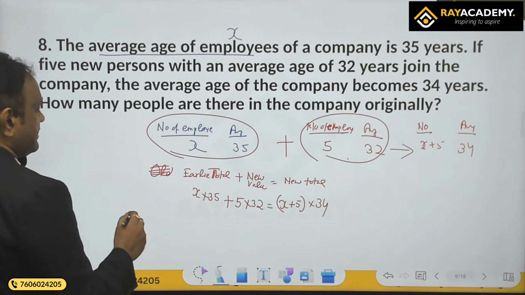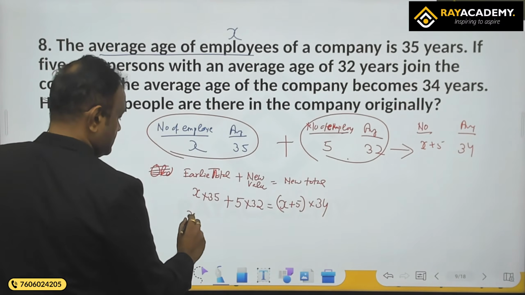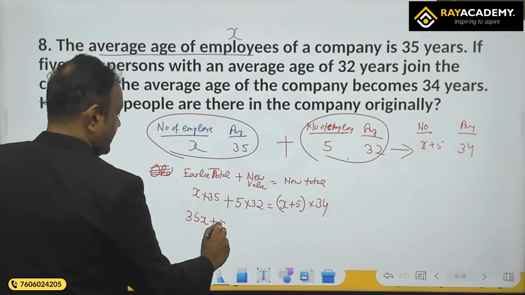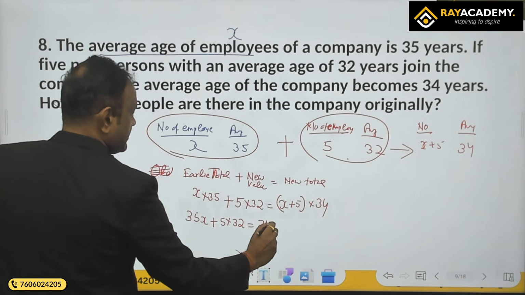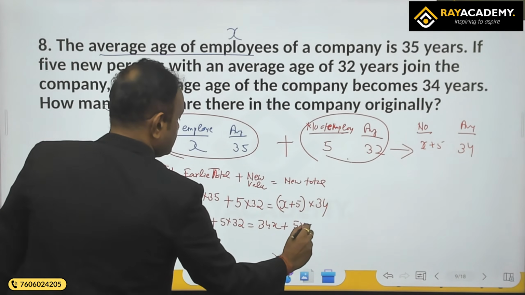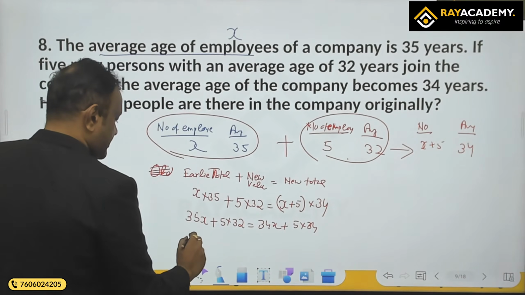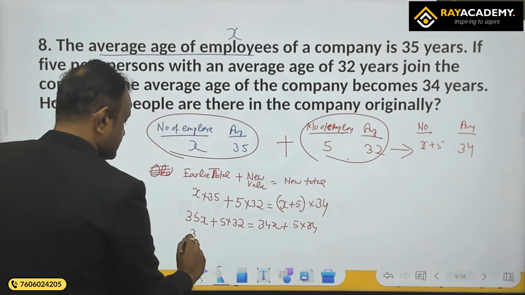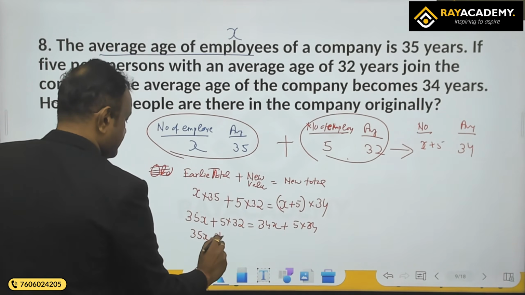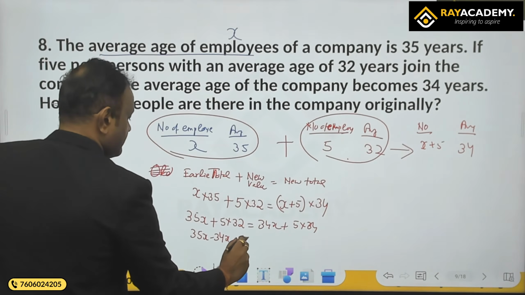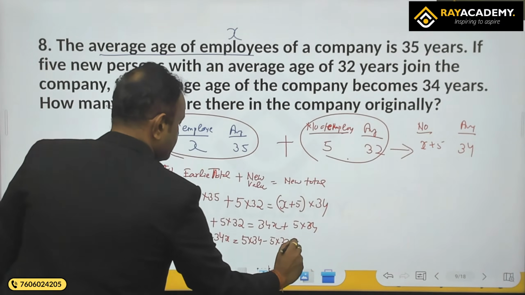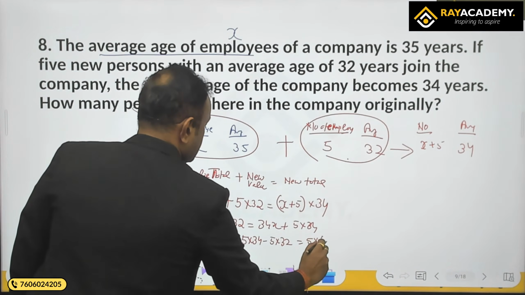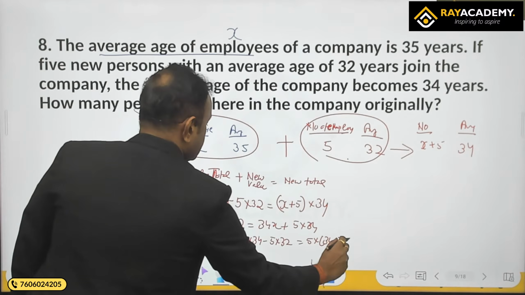So what are you getting? 35x plus 5 into 32 equals 34x plus 5 into 34. Now 35x minus 34x equals 5 into 34 minus 5 into 32, that is 5 into 34 minus 32.